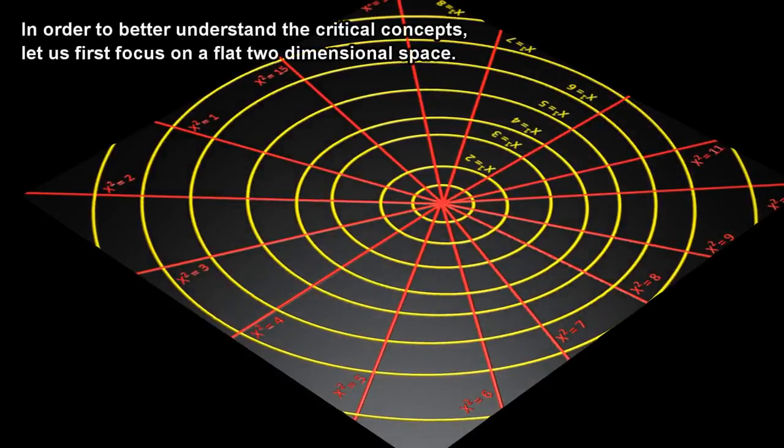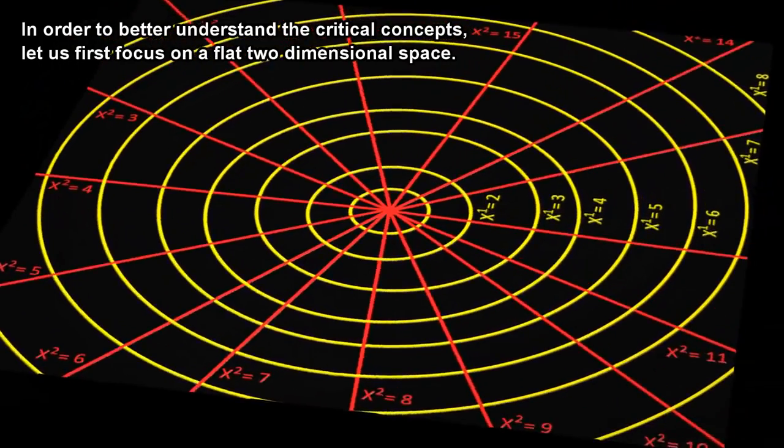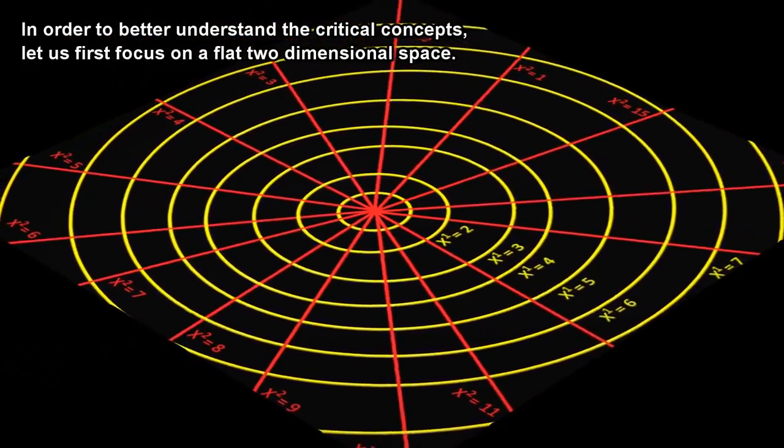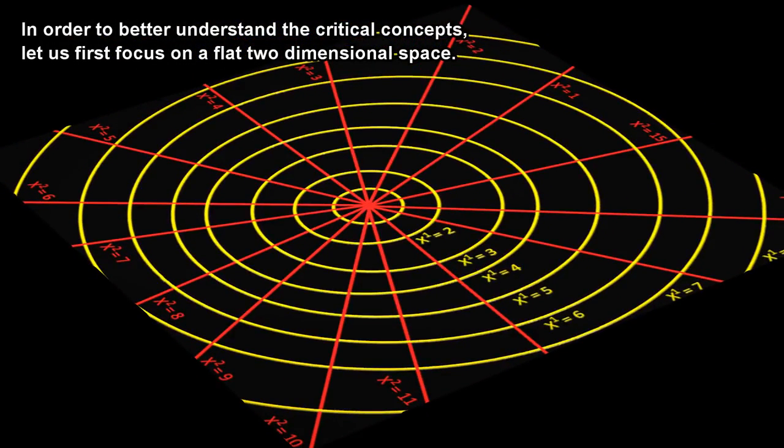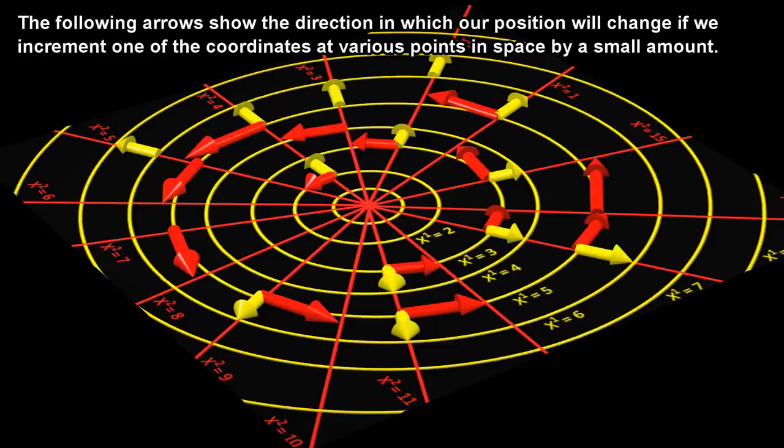In order to better understand the critical concepts, let us first focus on a flat two-dimensional space. The following arrows show the direction in which our position will change if we increment one of the coordinates at various points in space by a small amount.